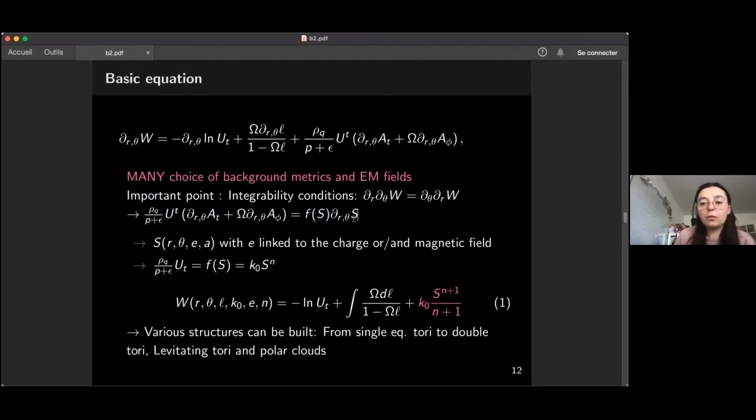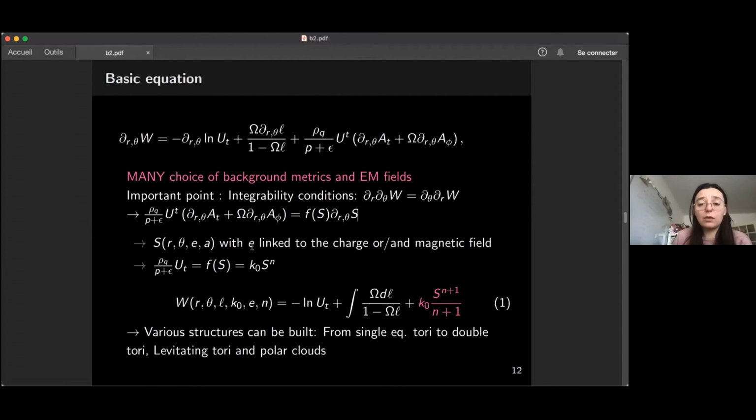We need to build this S function, and this is going to be the hardest part, because this S function cannot be written analytically in some different backgrounds with different electromagnetic fields. Sometimes it's hard to find a closed form for that S function. If we succeed in finding it, it means we can integrate.